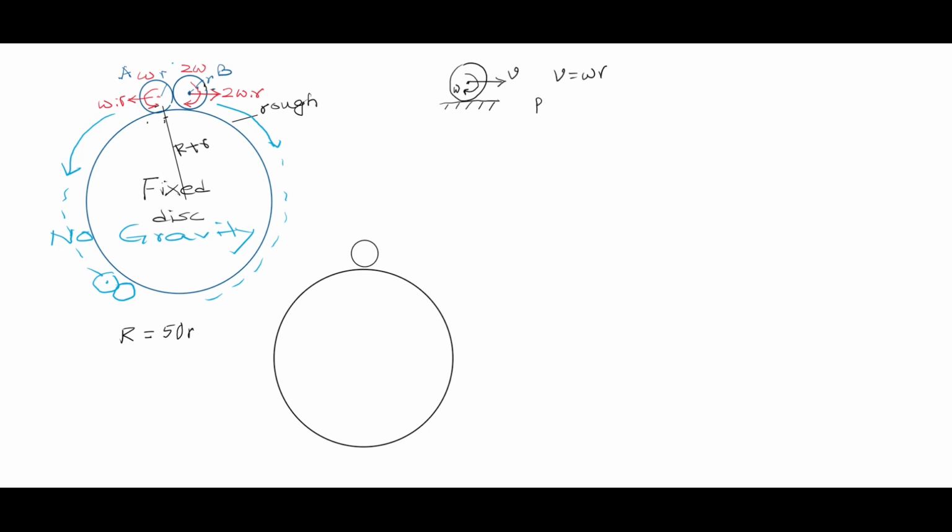This is the condition for pure rolling. In impure rolling, v will not be equal to omega into r. So the center of mass of the disk B is moving with a velocity 2 omega into r because its angular speed is 2 omega, and the center of mass of disk A is moving with a velocity omega into r because its angular speed is omega.